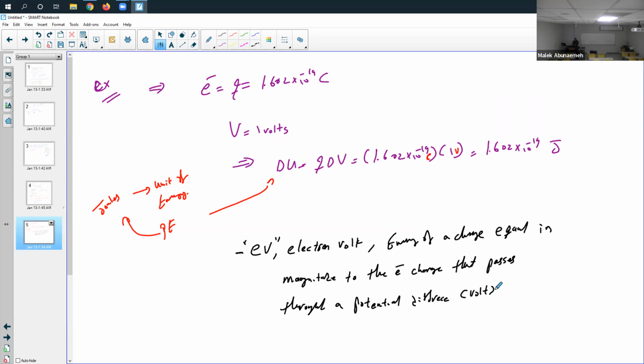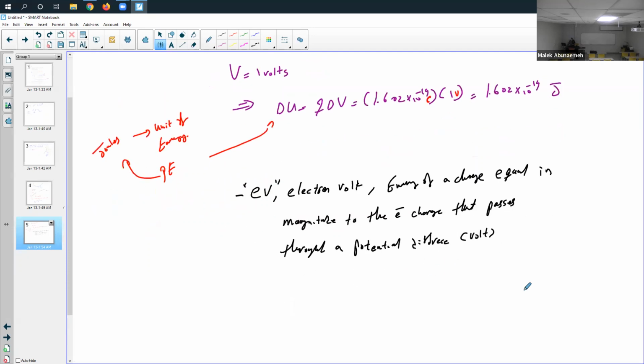So basically, 1 electron volt is going to equal 1.602 times 10 to the negative 19 joules. And that would be your conversion factor from electron volts to joules.